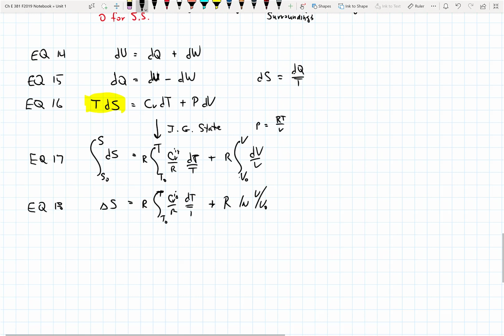But at this point, I'm going to note that this equation is in terms of T and V, and often we prefer to have temperature and pressure as our primary independent variables. So let's back up a couple of steps to equation 15, where I still have dU plus dW. And what I'm going to do is make a couple of simple adjustments.